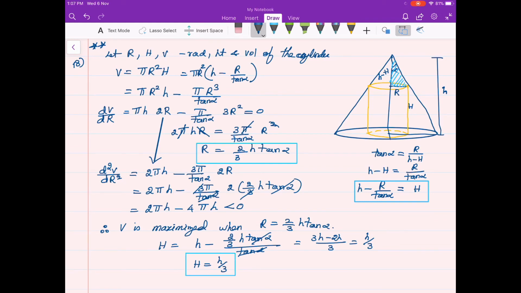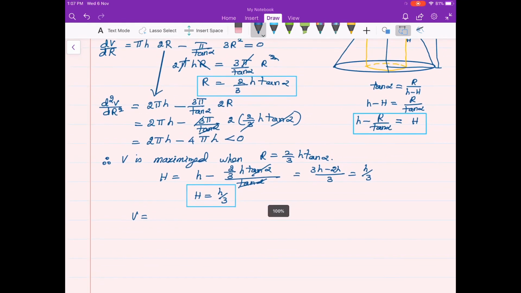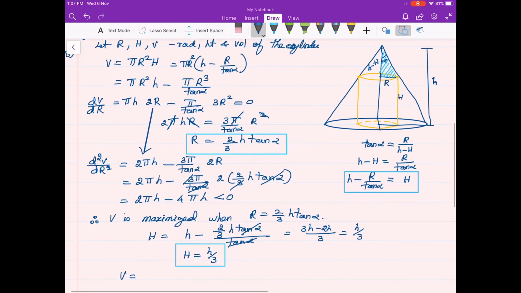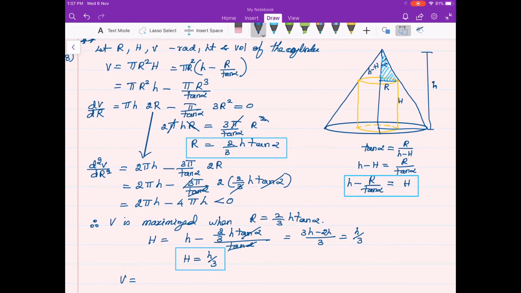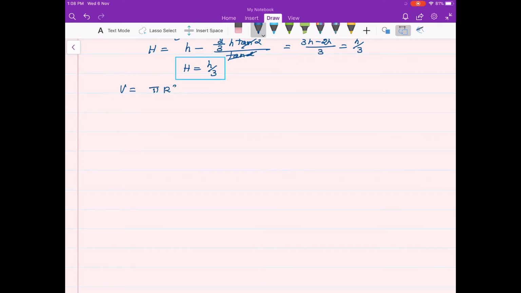Now, next result, we have to prove that the greatest volume is that given expression. Therefore, volume is equal to, for volume we will use this, which is pi r square into H minus R by tan alpha, which is equal to pi.